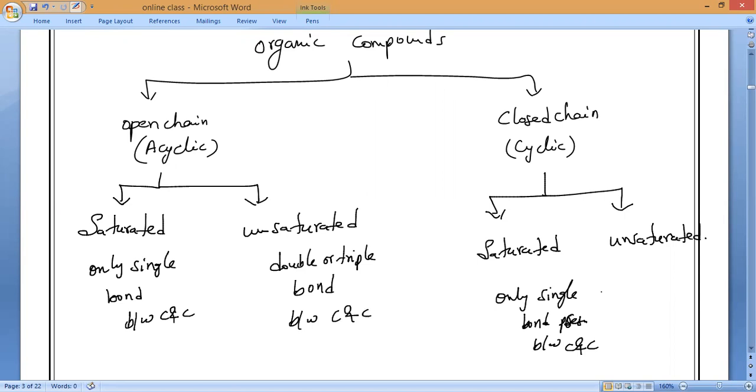Between carbon and carbon. Here also the same thing: a double or triple bond between carbon and carbon. So single bond, all of you should understand, is what we call saturated.